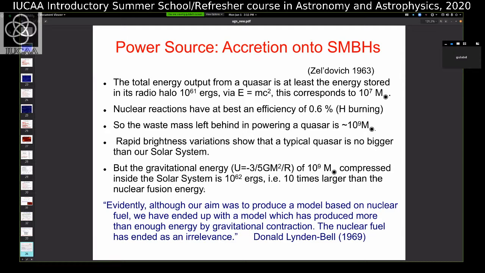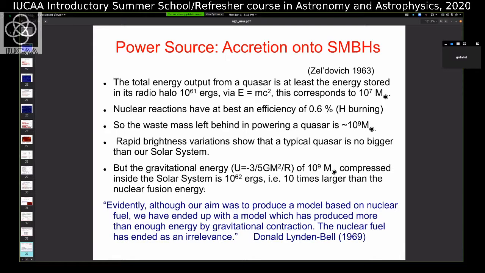Nuclear reactions have an efficiency of about 0.6% for hydrogen burning. So to produce 10 to the power 61 ergs by completely converting 10 to the power 7 solar mass, you would need to start with 10 to the power 9 solar mass of material. Burning that, you end up converting 10 to the power 7 solar mass completely into energy, thereby producing 10 to the power 61 ergs.